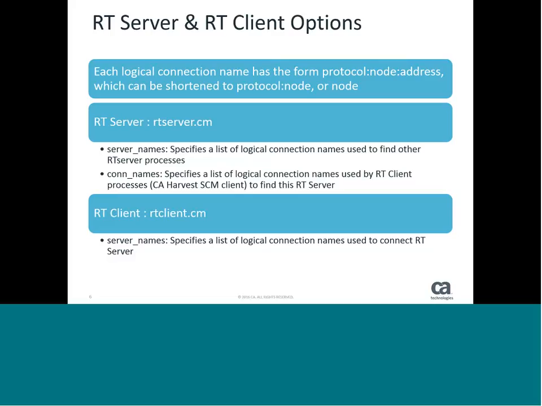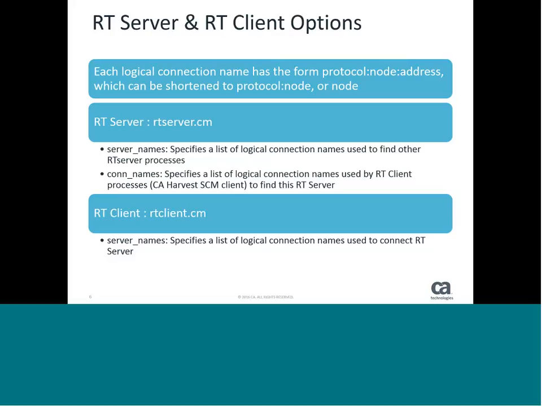Now, what is a logical connection name? Each connection between an RT client and RT server, or an RT server and RT server, can be identified using a logical connection name, which is of the form protocol:node:address. By protocol, usually we mean TCP.